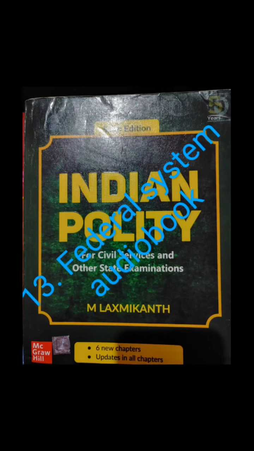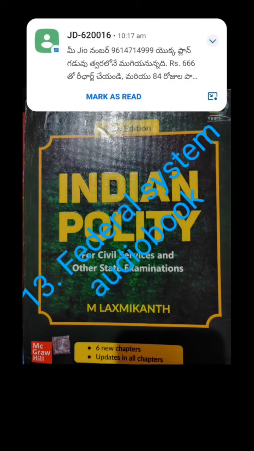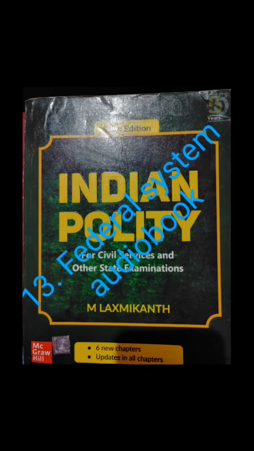The American Constitution originally consisted of only 7 articles, the Australian 128 and the Canadian 147.